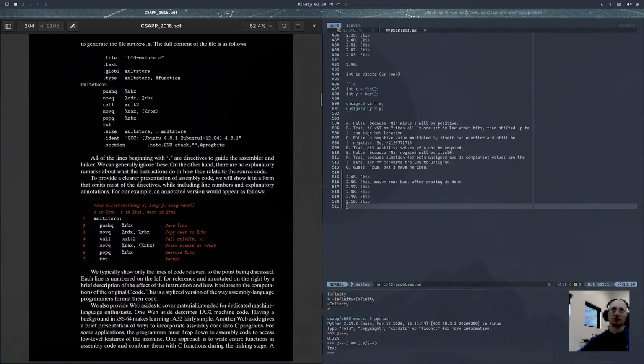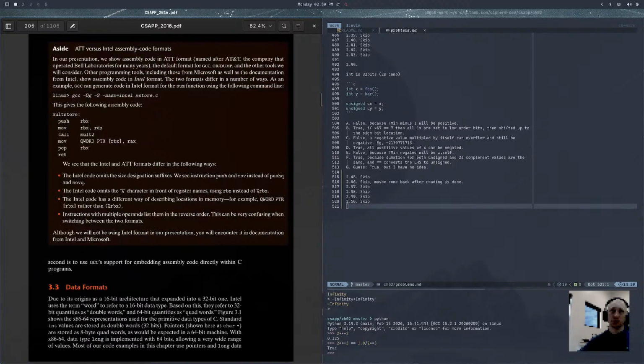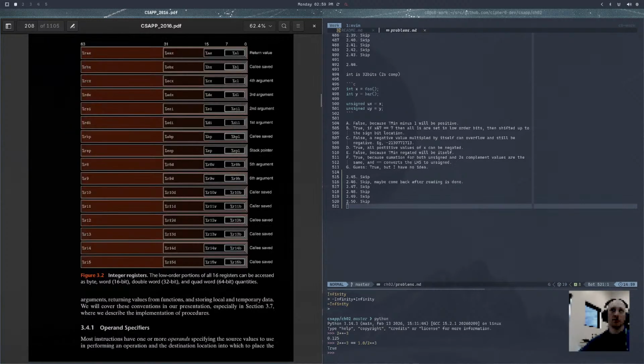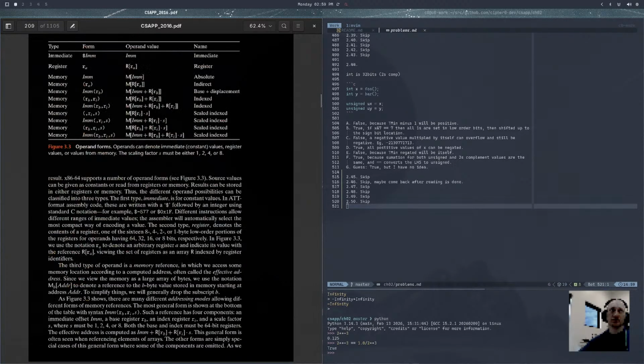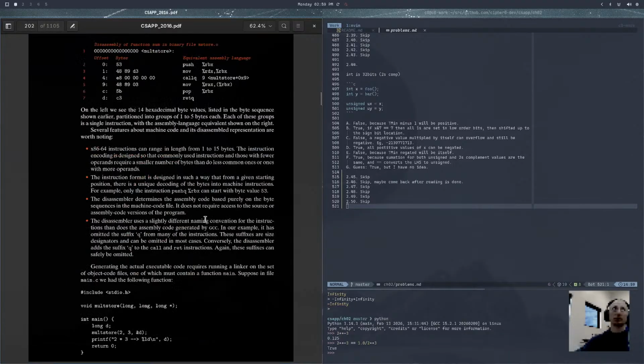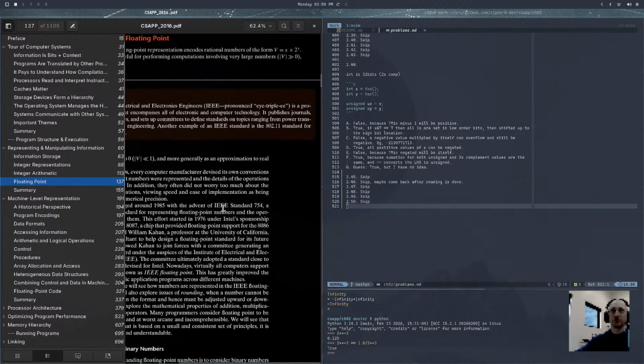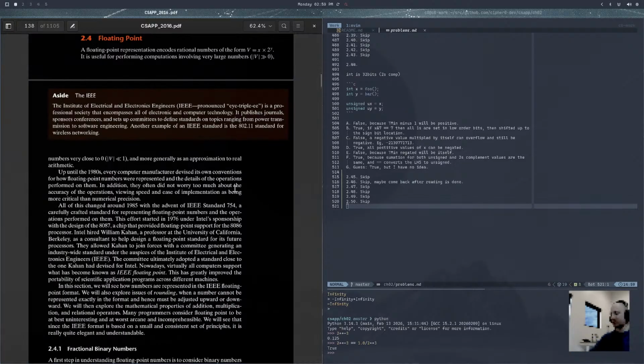Being able to read assembly is actually pretty useful, especially for security related stuff. These are all the registers. So chapter 3 is going to be a good one. But right now I'm stuck finishing up floating point stuff, and I'm just trying to get through it. I'm not going to do any of the problems.